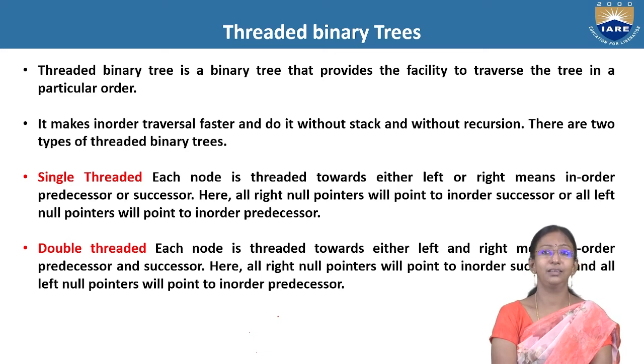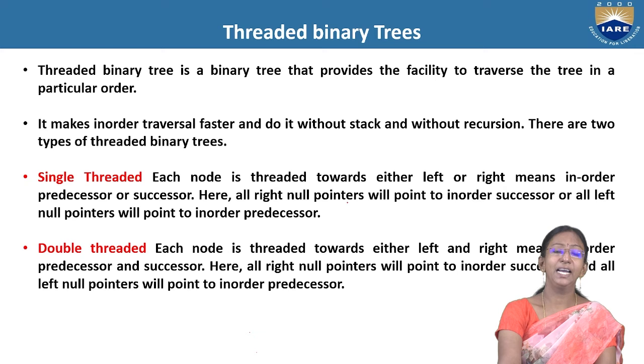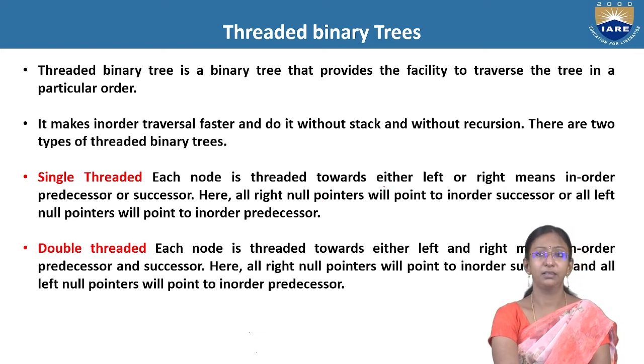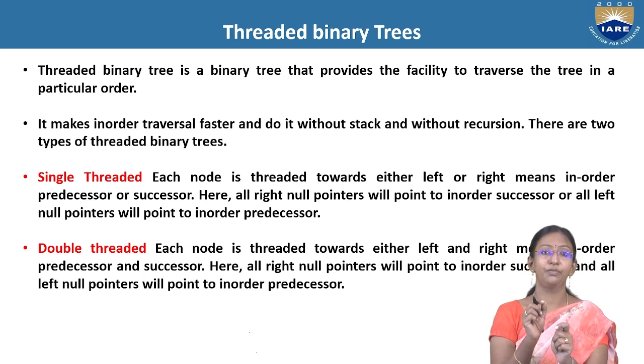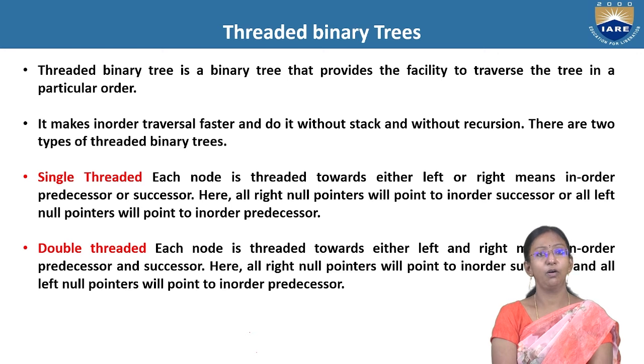In single threaded, either the left or the right, meaning the in-order predecessor or successor, will be threaded. From the parent, or an internal node you can say, to its child, either the left child will be connected or the right child.